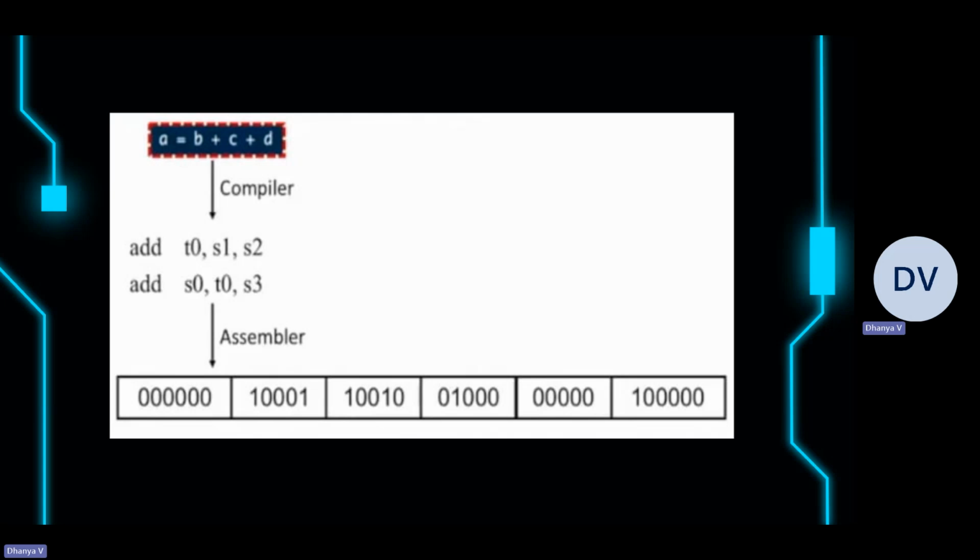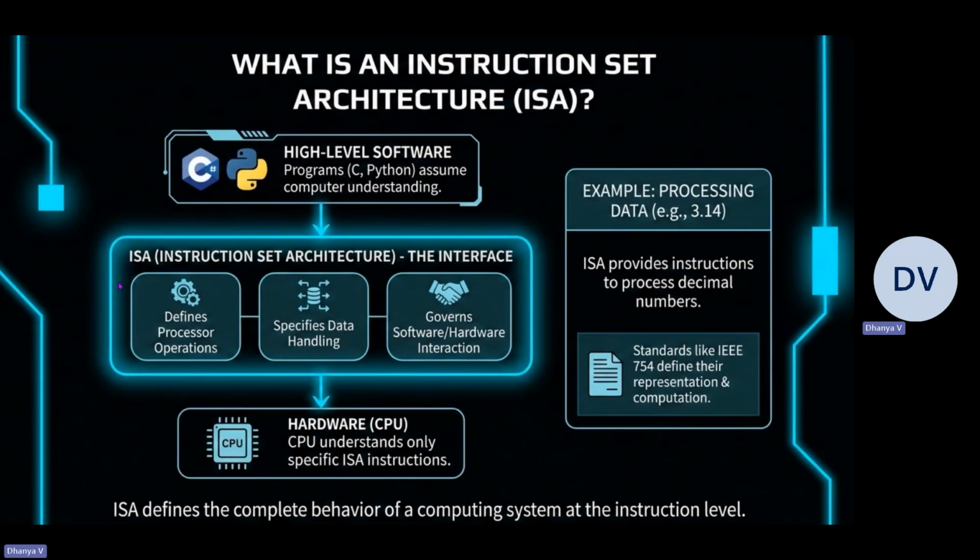So what does ISA deal with? It defines the processor operations, it specifies data handling, and it governs software and hardware interaction. It also tells about how memories are accessed, what registers are available, and how software communicates with the CPU and so on.